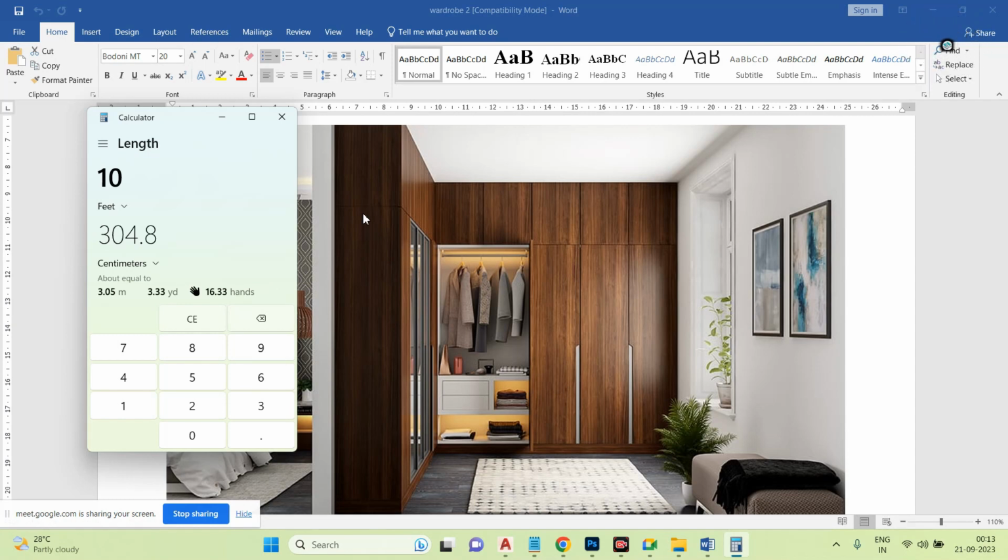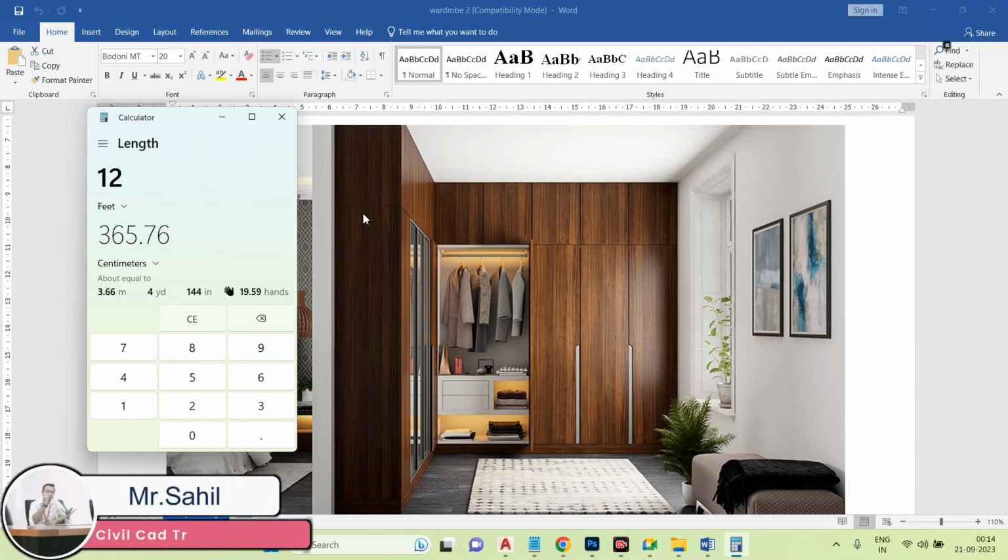Yeah, you are right. We just work on the standard of 7 feet approx, and the limit is 10 feet. But in Saudi Arabia, the total height of the villas is approx 12 feet.